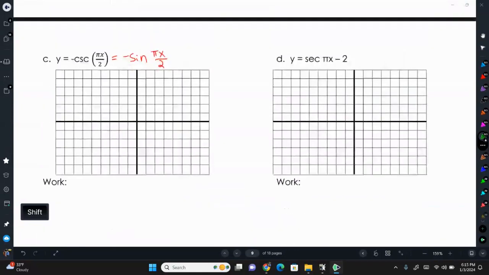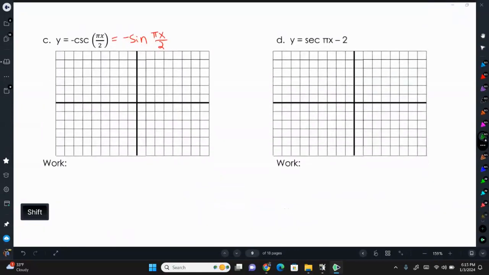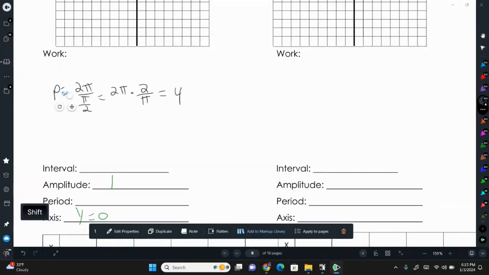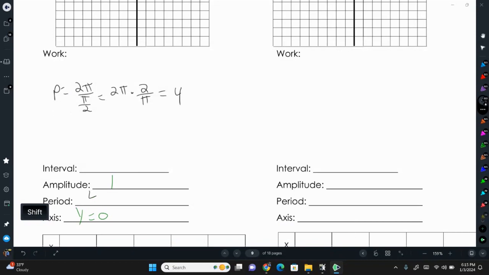Our period, 2 pi over b. b is pi over 2. So our period is 2 pi over pi over 2. So 2 pi times 2 over pi. You're multiplying by that reciprocal, which is going to give us 4. So our period is 4.